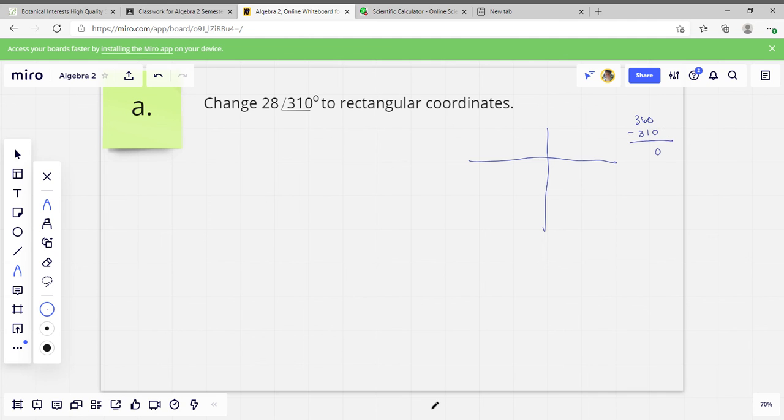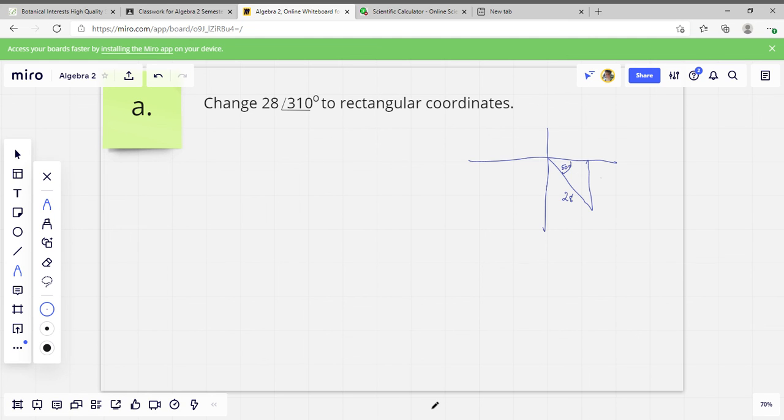And I'm going to get 50 degrees. So it's going to be 50 degrees that way. And this is going to be 28. Alright, and then this is 50 degrees.